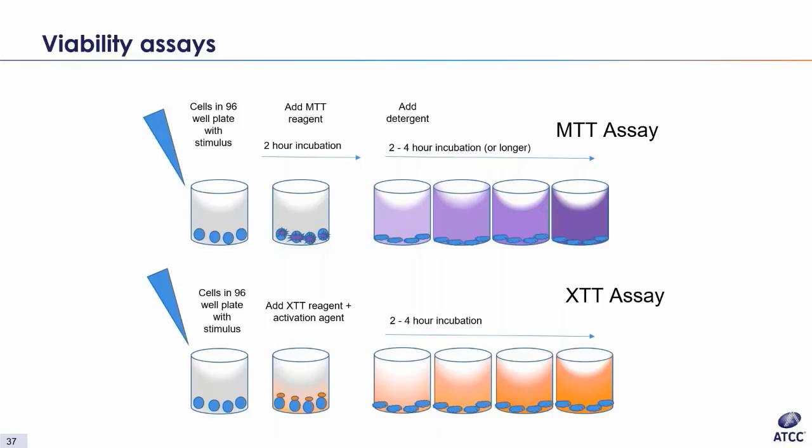The detergent is added, allowing for the compound to be released in the media. At this point, it can take a few more hours for the reaction to complete. With the XTT reaction, the XTT reagent and activation agent are added at the same time, so the reaction starts immediately. So one practical benefit of the XTT kit over the MTT is there's one less step in the protocol, which will knock off a couple of hours from the whole process.